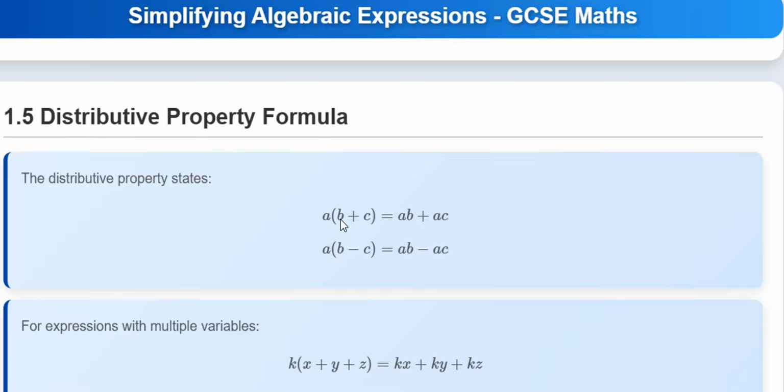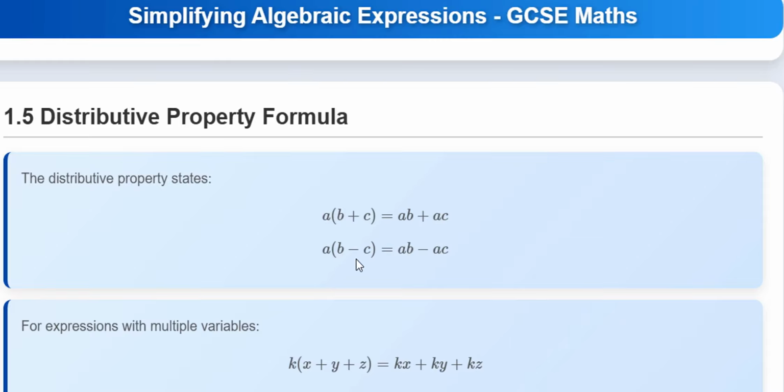In this case, we take a multiplied by b, which becomes ab, then a multiplied by c, which becomes ac.